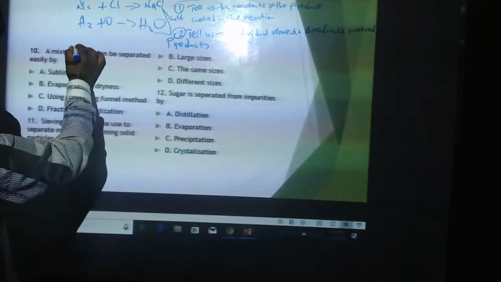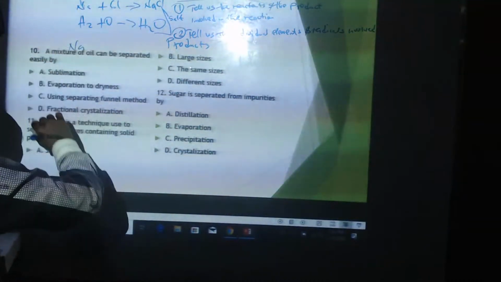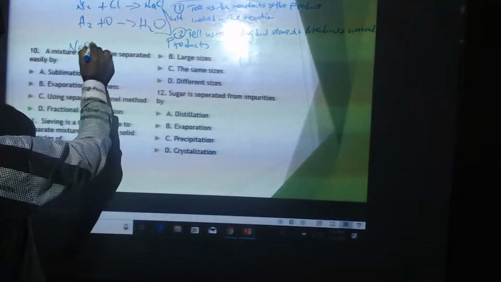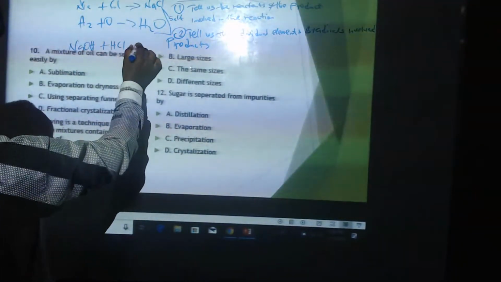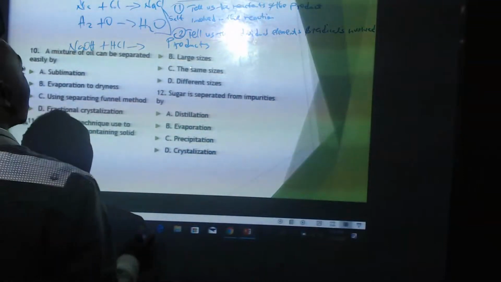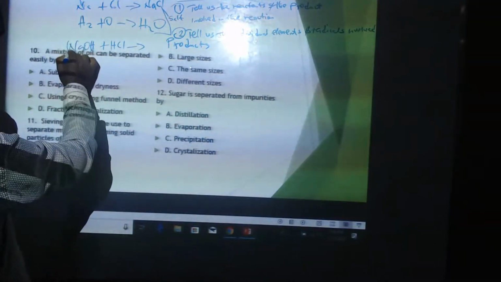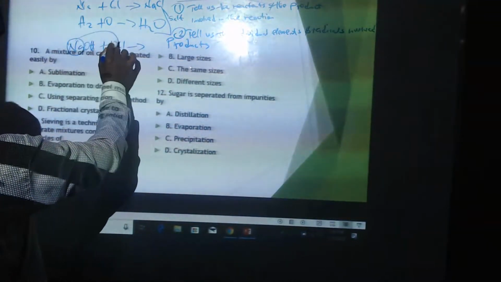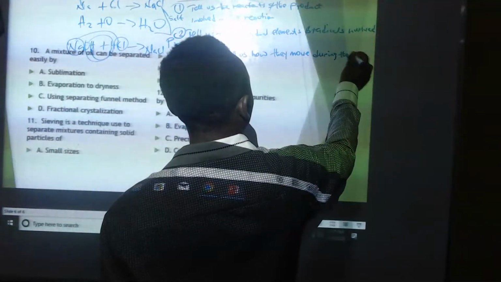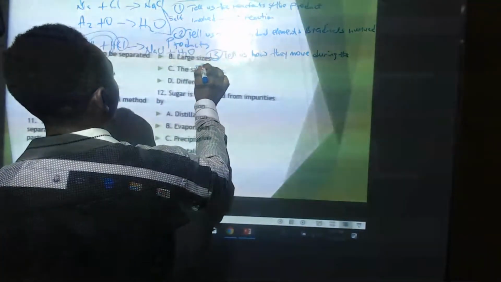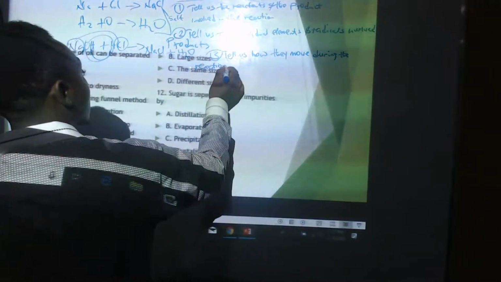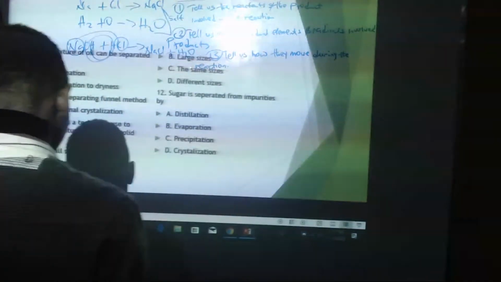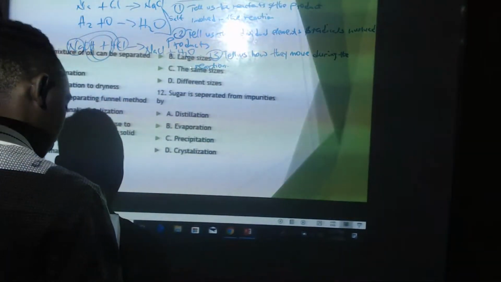An example, when I was giving you, I said you have sodium hydroxide plus HCl. Another importance is that it tells you how they move. Remember I told you this moves and then joins to this.